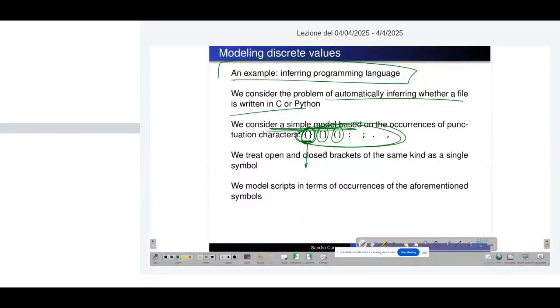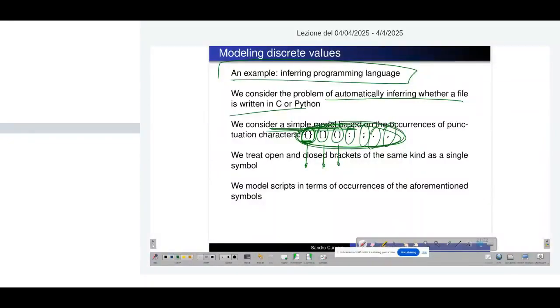So it will be curly brackets, square brackets, round brackets, colon, semicolon, dot, and comma. We know that in the two languages, these punctuation marks are used in a different way. For example, curly brackets are much more prevalent in C code than in Python. While, for example, the dot is probably more something that you find, or the colons is something that you find more in Python programs than in C.